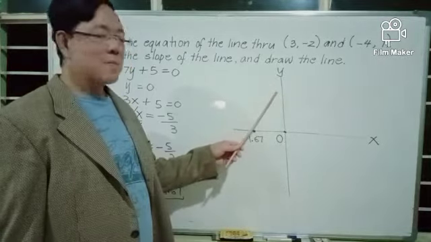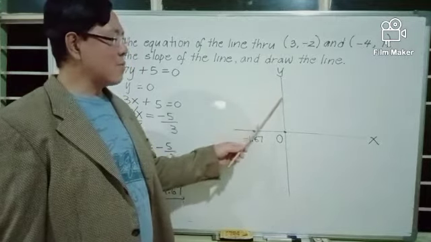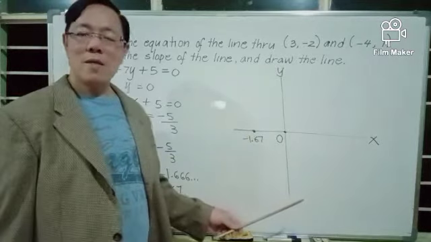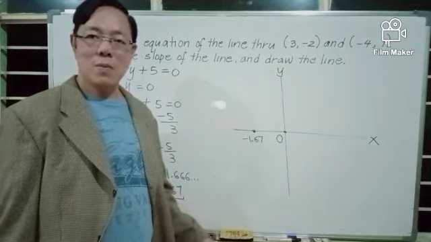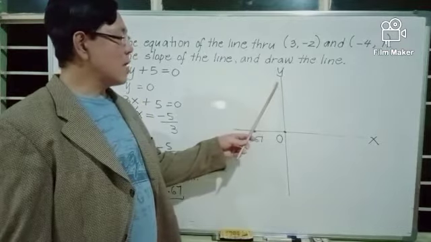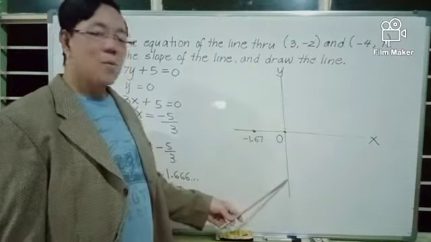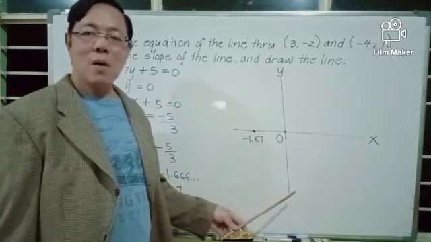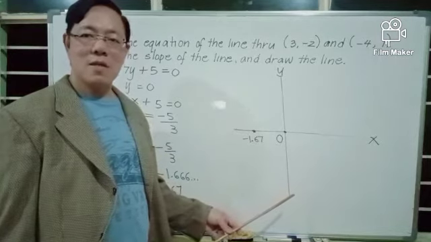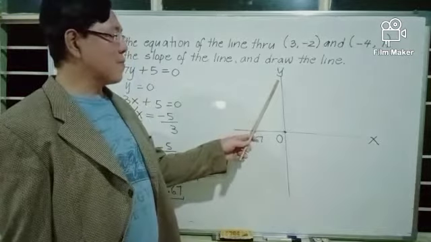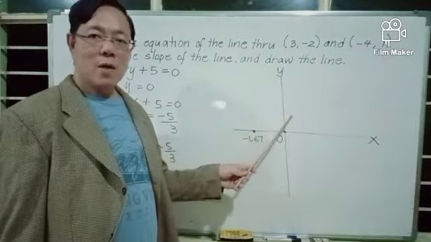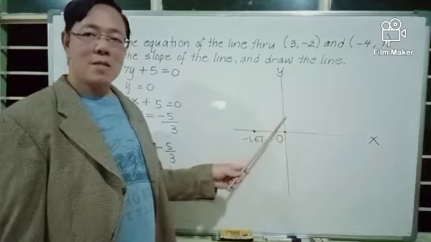Since the y-intercept is a point on the y-axis, the abscissa of the y-intercept x is 0. Because for any point on the y-axis, the abscissa x is 0. Thus, to find the y-intercept of the line, you set x to 0.